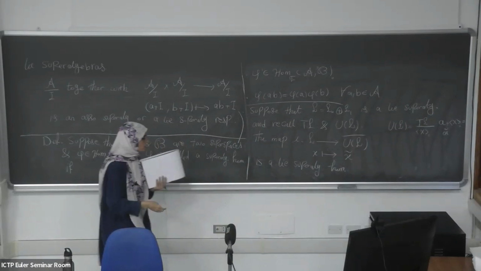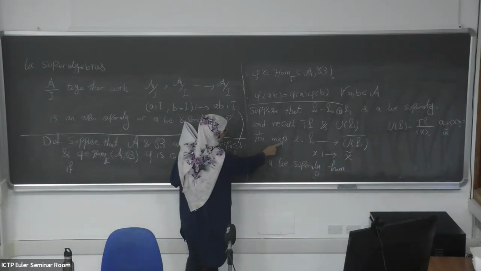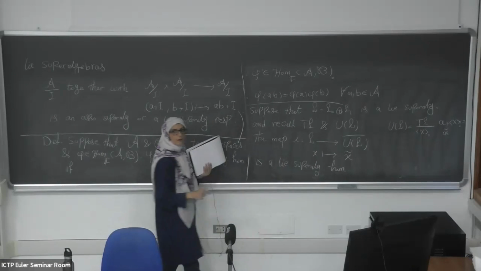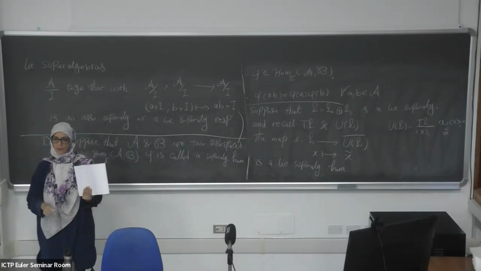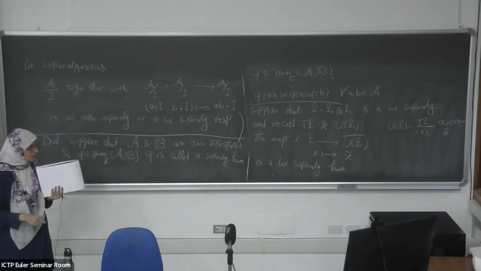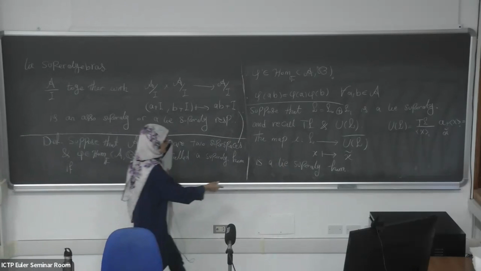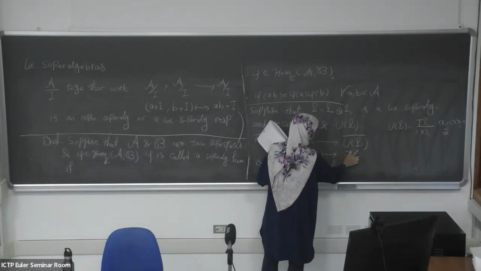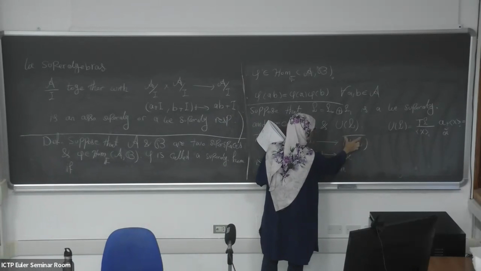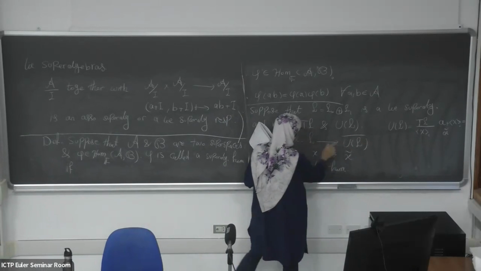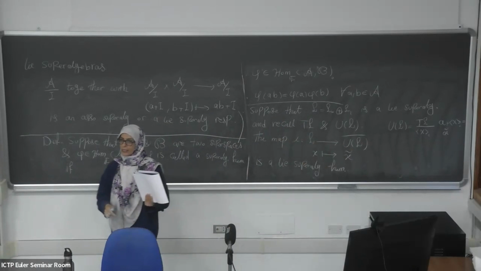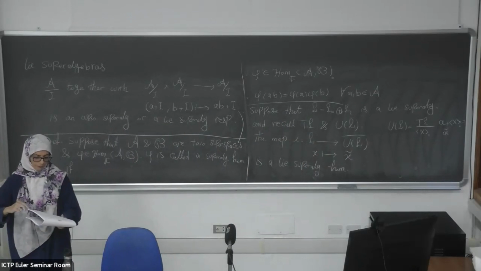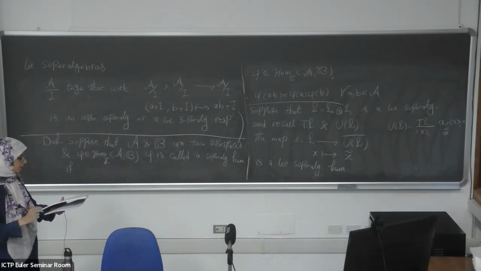And it's proved that the map iota is a Lie superalgebra homomorphism, okay? We start with a Lie superalgebra, then we get an associative superalgebra, then we make the bar, and we have a Lie superalgebra here, and this map is a Lie superalgebra homomorphism.